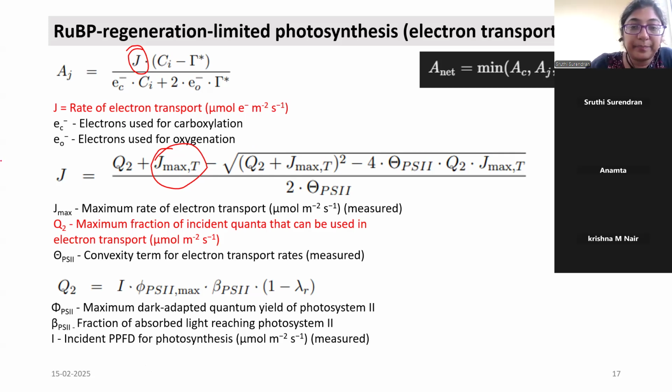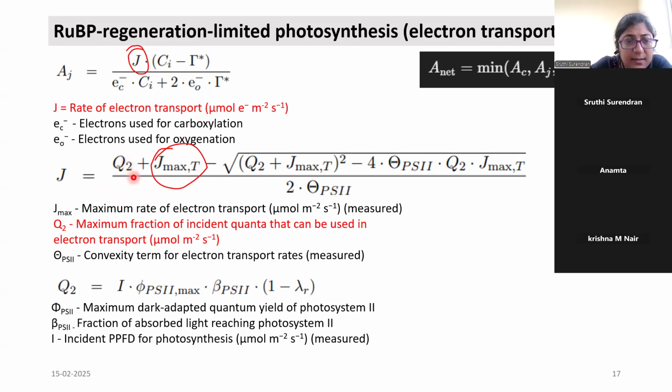And in this equation, you can see this J value, that is the rate of electron transport. Now you can physically relate it to the light dependent reaction, where the electron transport is occurring. So the rate at which electron transport is occurring is what is given by this equation, and this is a non-rectangular hyperbolic equation.